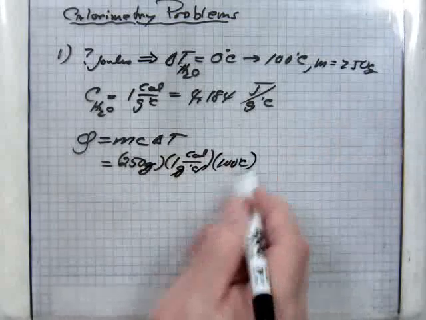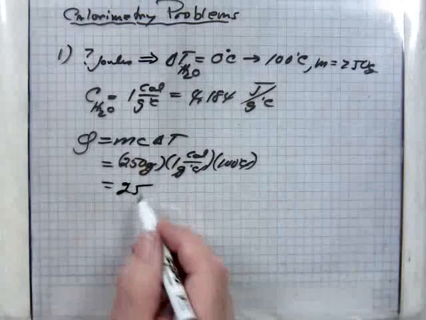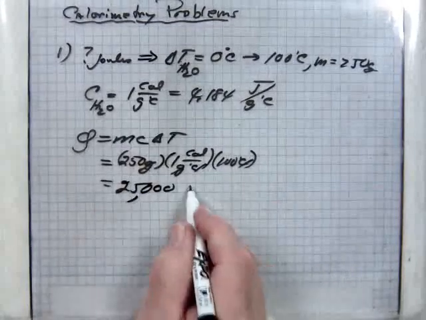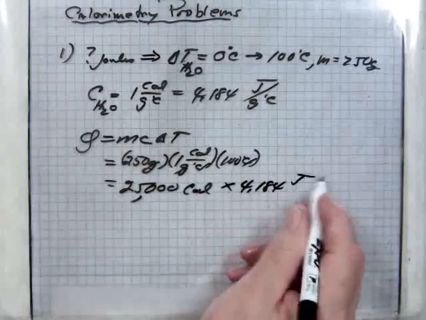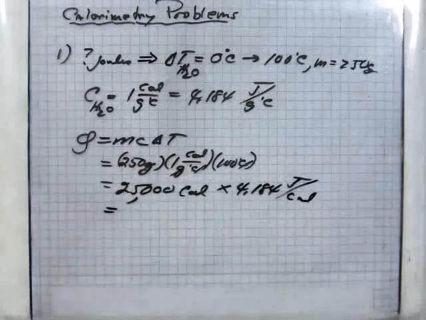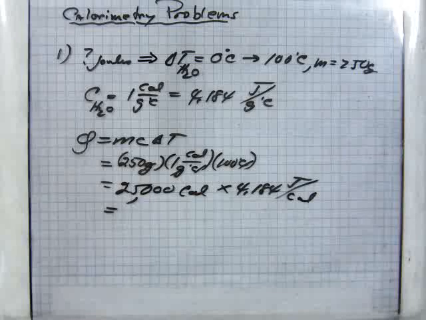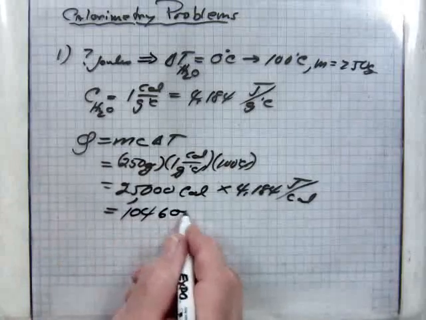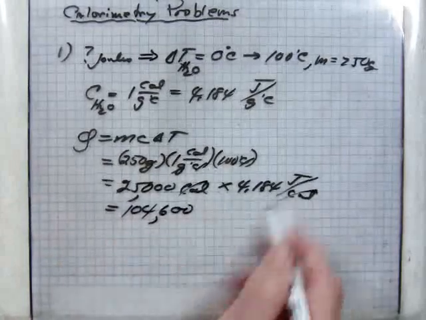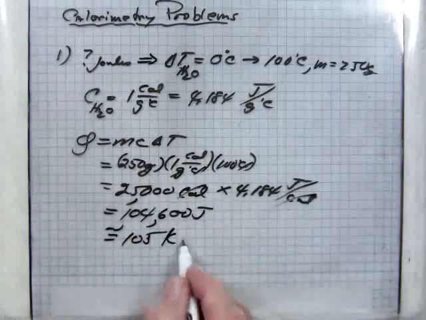And so that's 25,000 calories, times 4.184 joules per calorie, whatever that comes out to be. 104,600 joules, and of course that's 105 kilojoules.